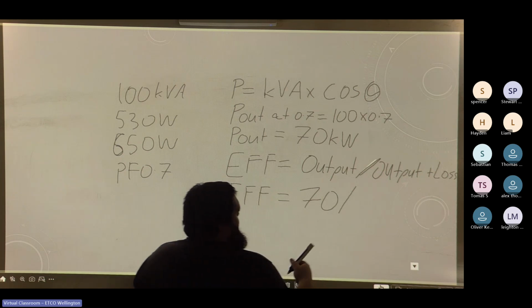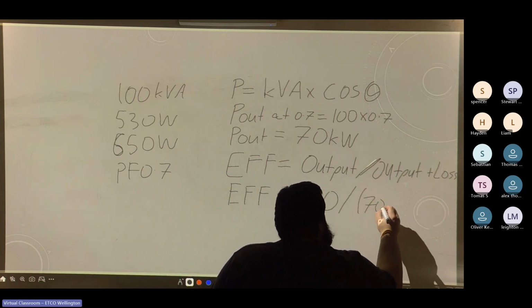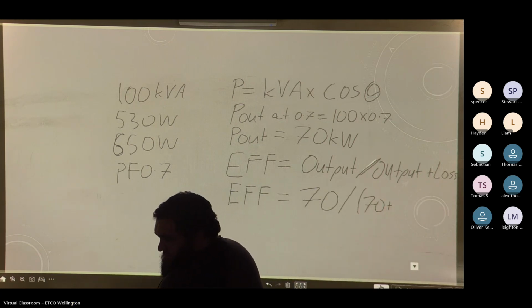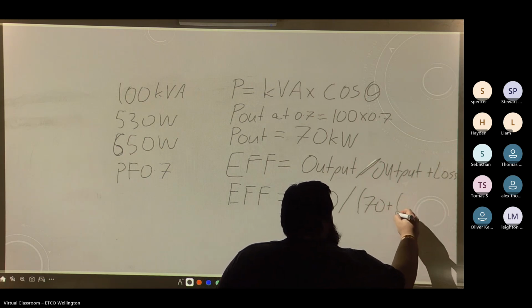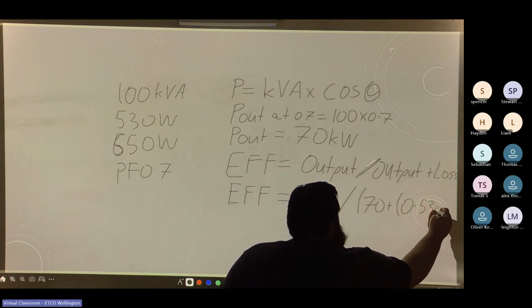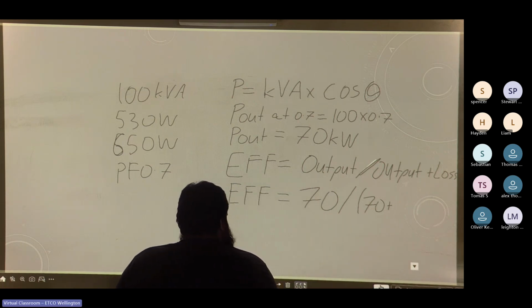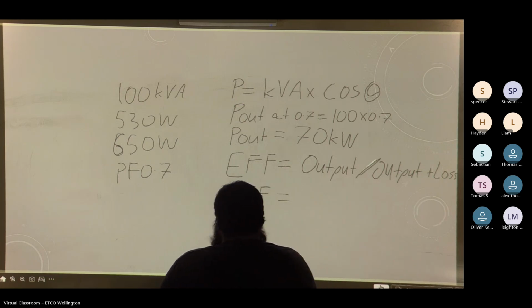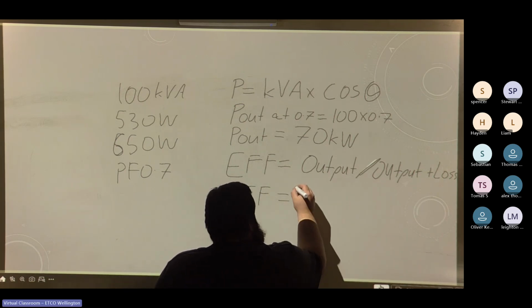So that means you got 70 over 70 plus 0.53 plus 0.63.